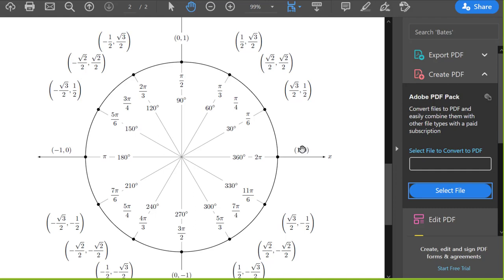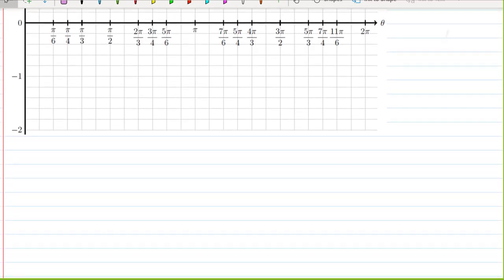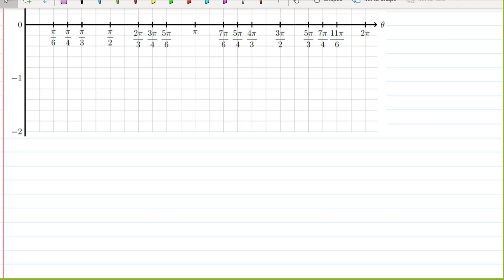So the sine of 0 is going to be 0. The sine of pi over 6 is going to be 1/2, then root 2 over 2, root 3 over 2, etc. So that's where we're going to get these values when it comes to graphing by hand.